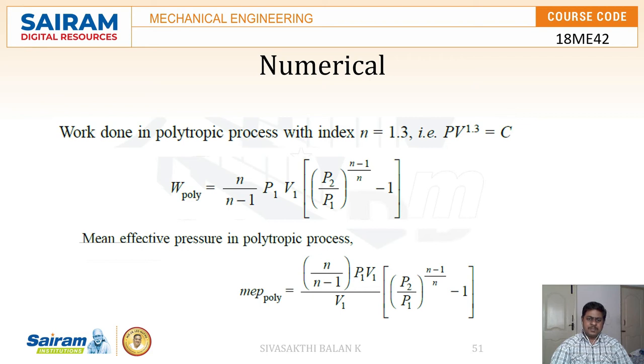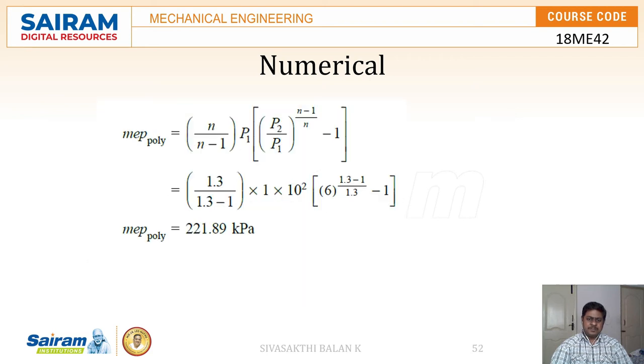Replace this, and V1 gets cancelled, and the final term will be n divided by n minus 1 into P1 whole multiplied by P2 by P1 to the power n minus 1 by n, minus 1. Substituting all the values given in the problem, we get the mean effective pressure for the polytropic process as 221.89 kilopascal.